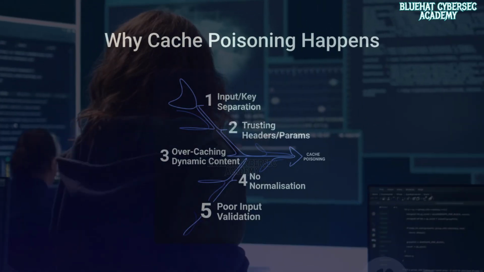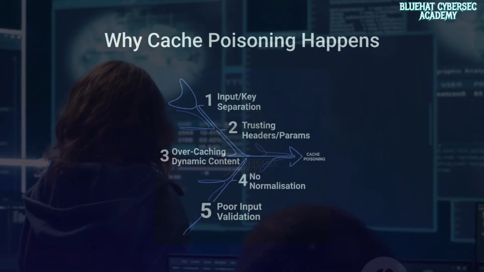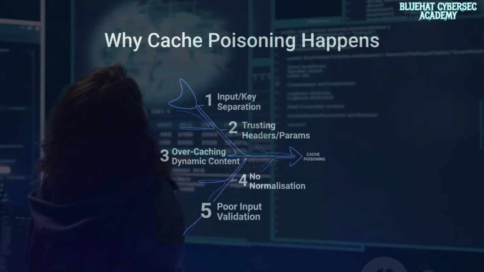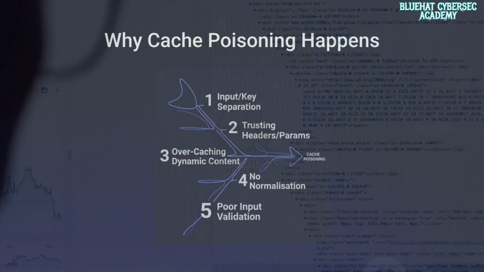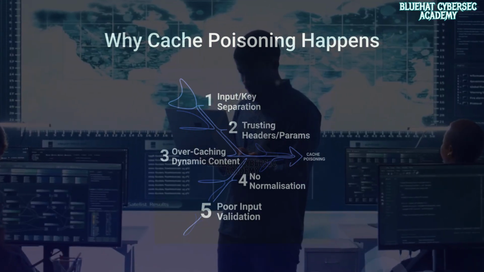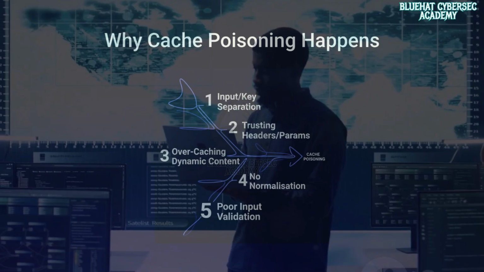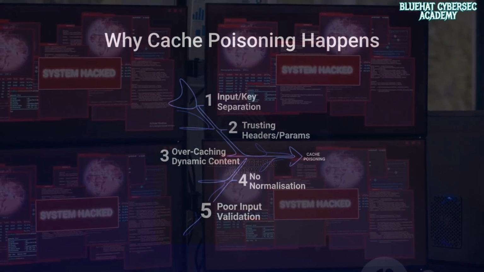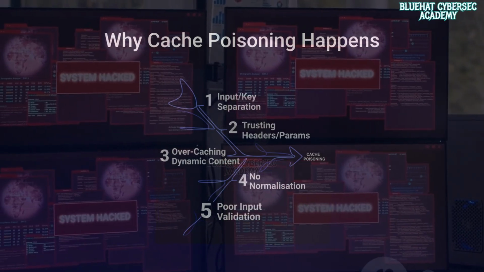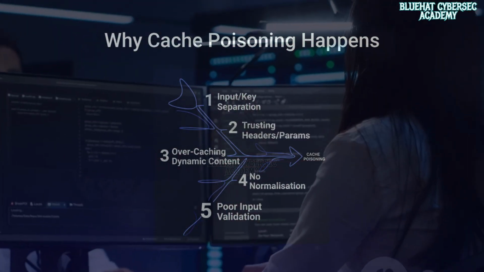Most cache poisoning vulnerabilities come from design or configuration flaws, such as not separating user input from cache keys, trusting headers or query parameters, blindly overcaching dynamic responses, lacking normalization between cache and origin server behavior, or poor input validation before caching responses. In essence, the cache becomes a blind replay system for malicious data.